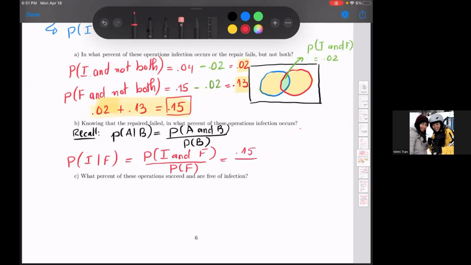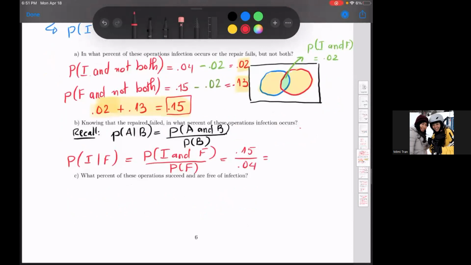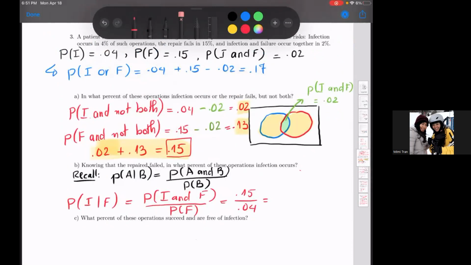P of F is 0.04. 0.15 divided by 0.04. Oh, something wrong. No, I have it backwards. P of I and F is 0.02. Jeez. 0.04. No wonder it's more than 100%. 0.02 divided by 0.04. I got 0.5.